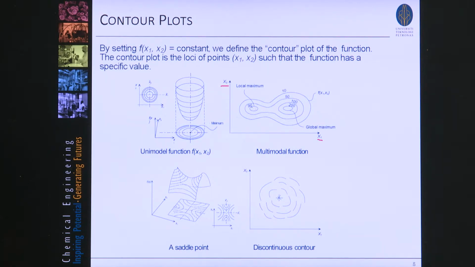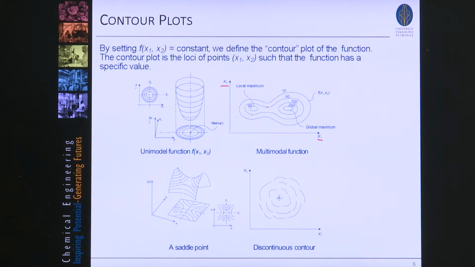So the value of f is 90 here, and then the value of f is 200 over here, 100 over there. This whole line, or contour, represents the same value throughout the line. So if it is 50, that means also 50 here, and 50 there, and 50 here. The same goes in this case. So one line is one value of the objective function f(x).